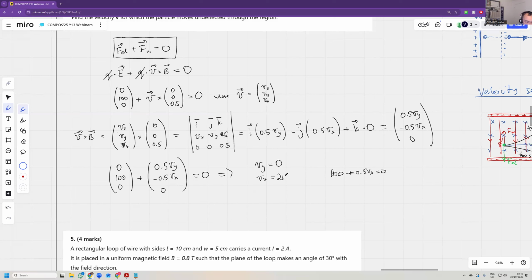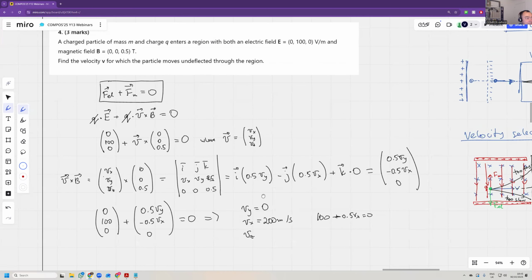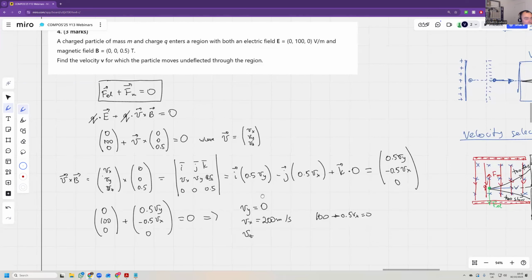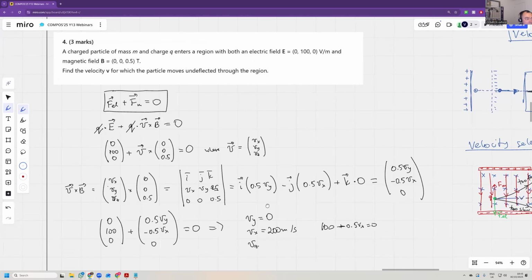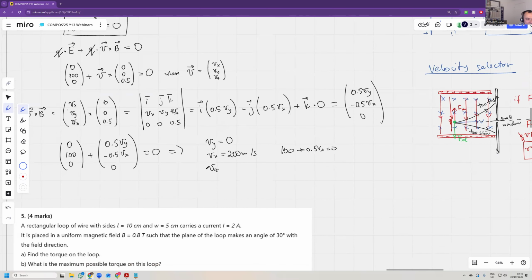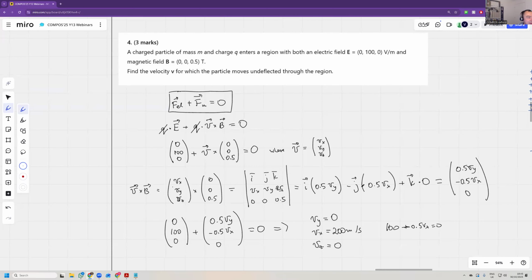So Vx is 200 meters per second. And Vz could be anything. So we could just say it's 0. Why not? The simplest.